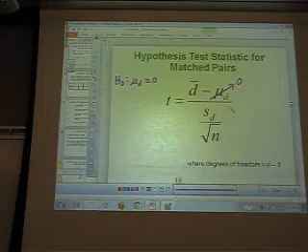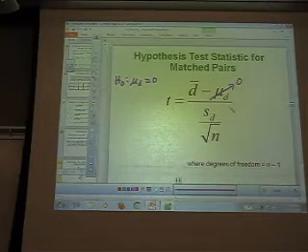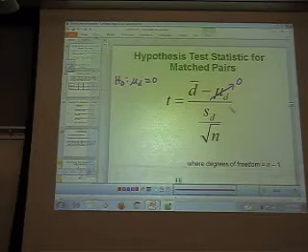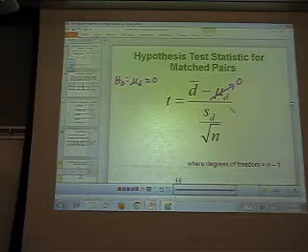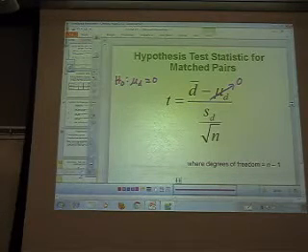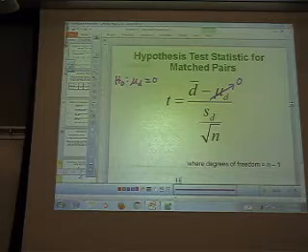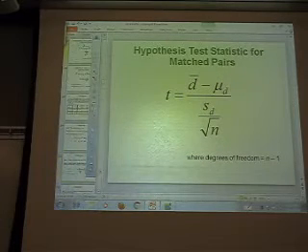So it's even simpler than the regular one, because you're saying that their differences are 0. So it's only D bar over s over square root of n.